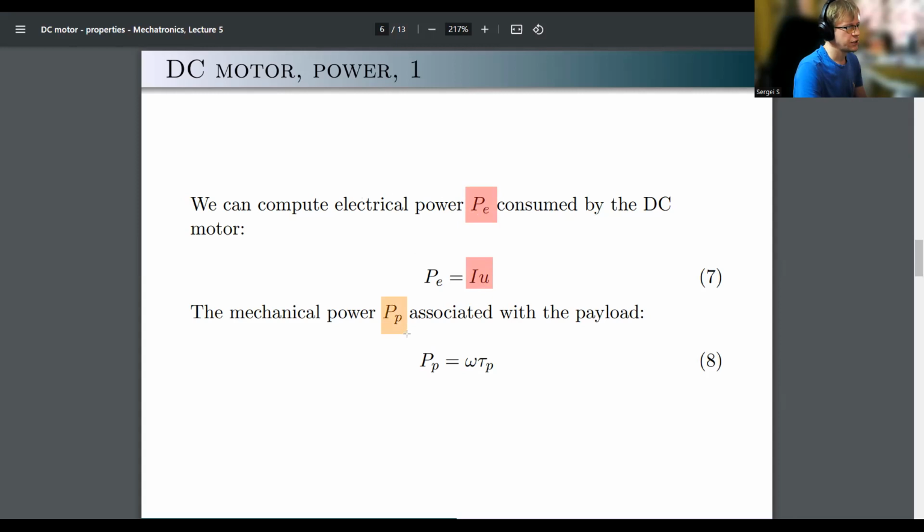Mechanical power associated with the payload is angular velocity times payload torque. So how fast you rotate this payload and how much torque you counteract, you could say. Okay, so those are two powers.